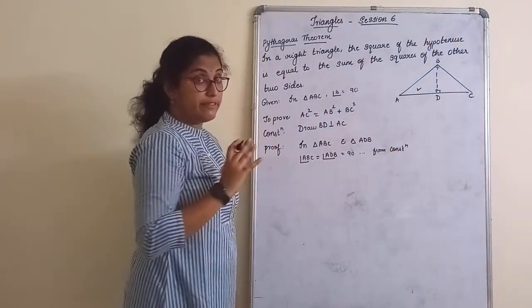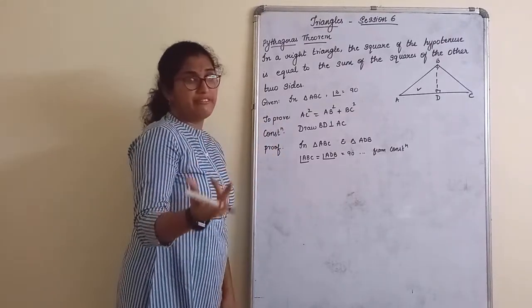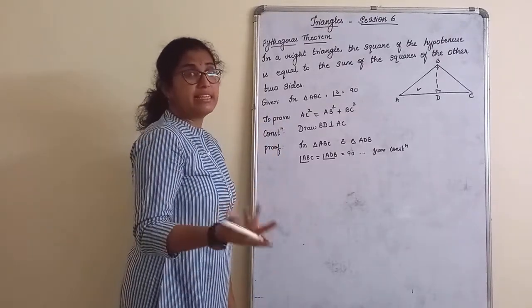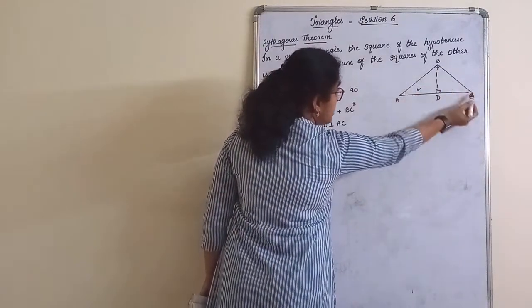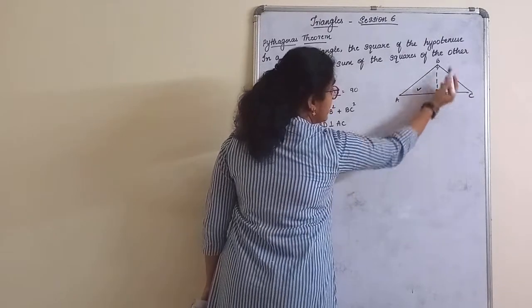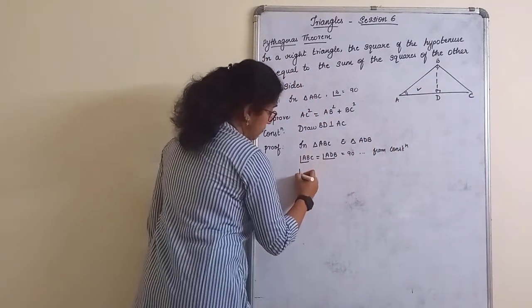One angle we have already found. Now if I find one more angle, that is more than enough, and I can say it by the double A criterion. Angle BAC is a common angle for both triangles. Yes.